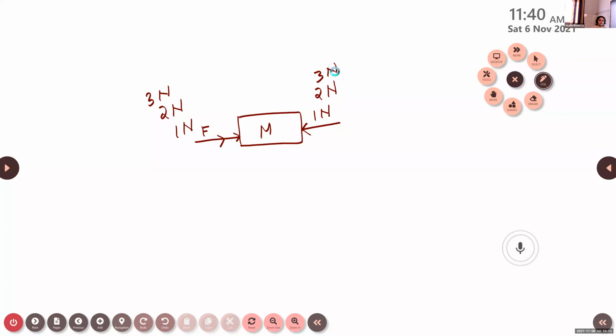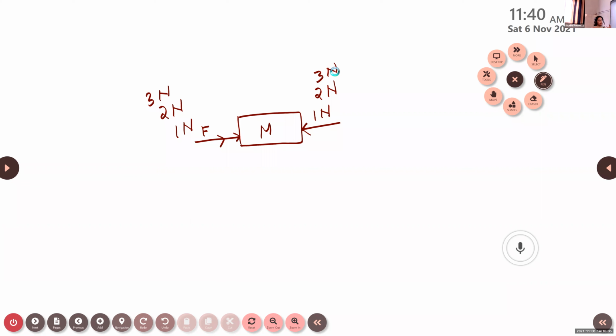That is, static friction tries to keep the object in a stationary state. Just remember the definition of static friction. Static friction is a force of friction which arises when the object is in a state of rest on the surface of another object. That is what is known as static friction.